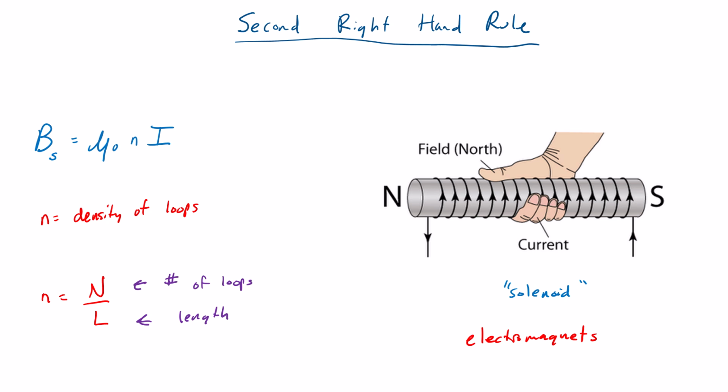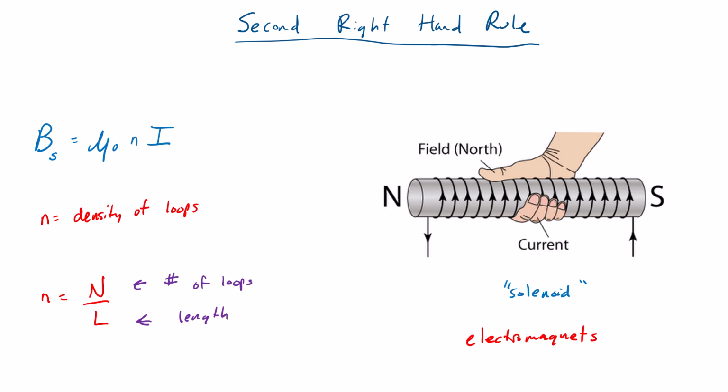So in this one, the loops are pretty spread out. It's very common to see them really tightly wound, and sometimes to increase the density, they're actually double wrapped so that there's two layers of loops to create a stronger magnetic field.